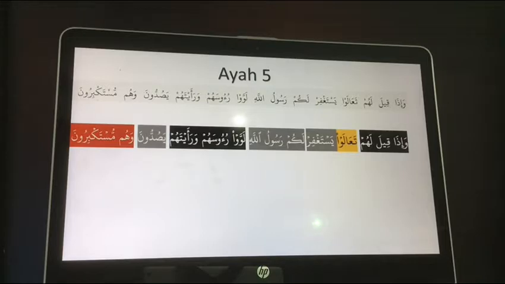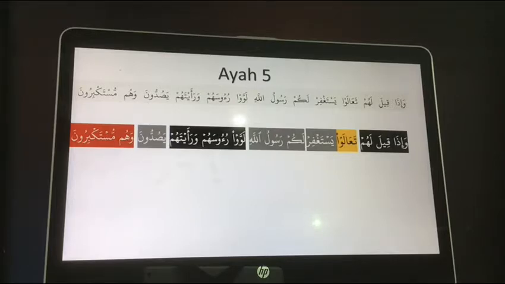Wahum. What is wahum? Wa means and. Hum means them. Should it be them, or what else does it mean? Not them. Huwa, huma, hum. And whom becomes them in the nasab or jar function.